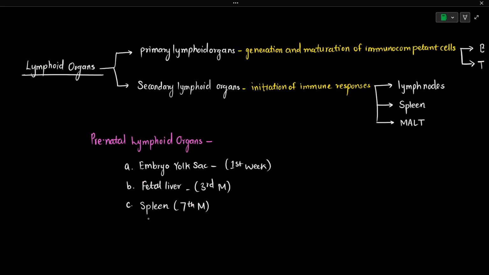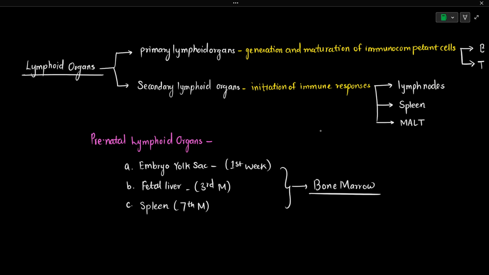Once the baby is born, this job is transferred to the bone marrow. So these are the prenatal lymphoid organs, which do the job of bone marrow, the formation of blood cells and immune cells before birth.